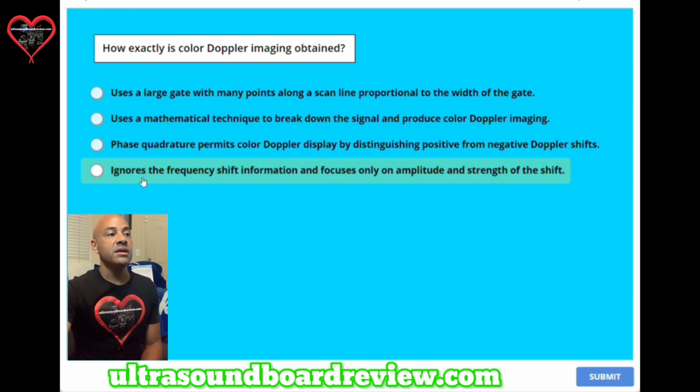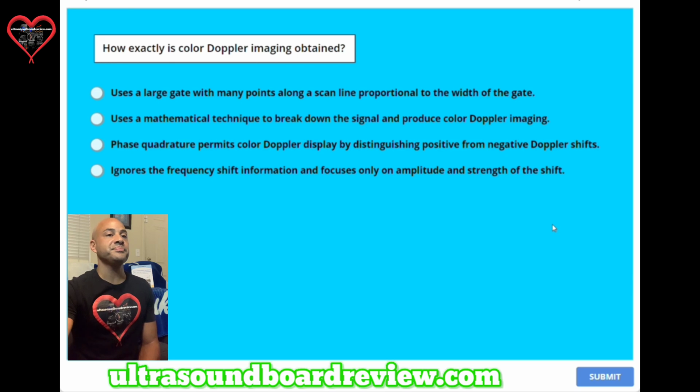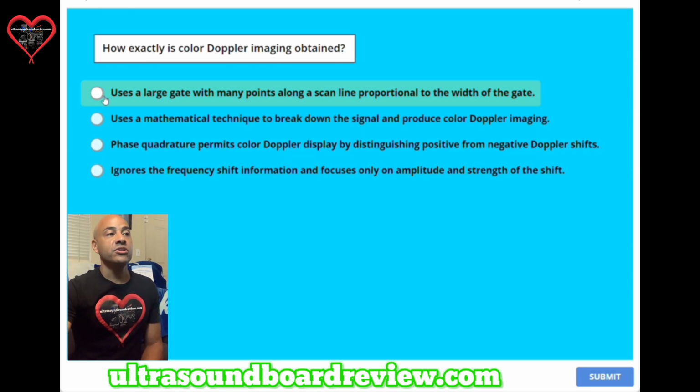Or D, ignores the frequency shift information and focuses only on amplitude and strength of the shift. The answer is A, uses a large gate with many points along a scan line proportional to the width of the gate.